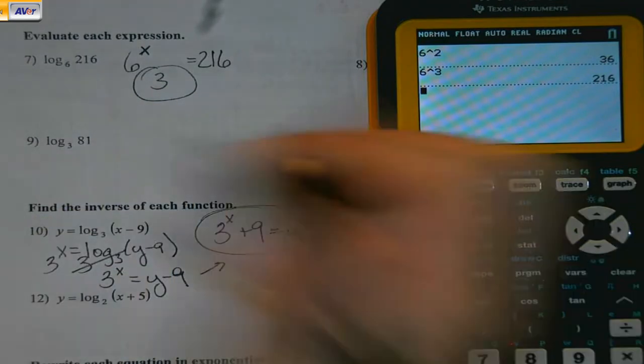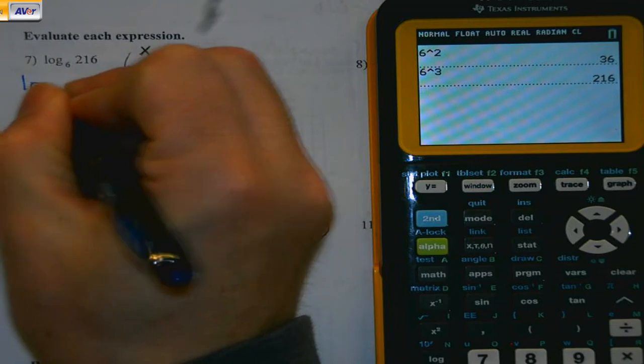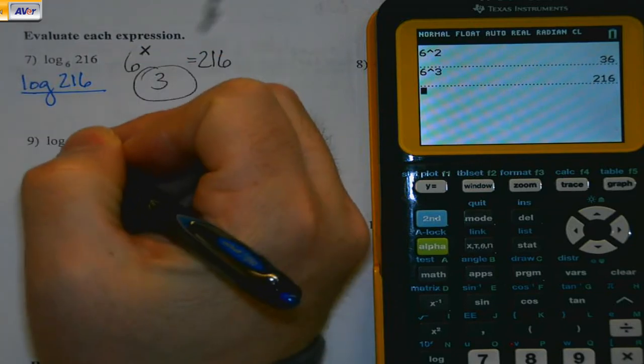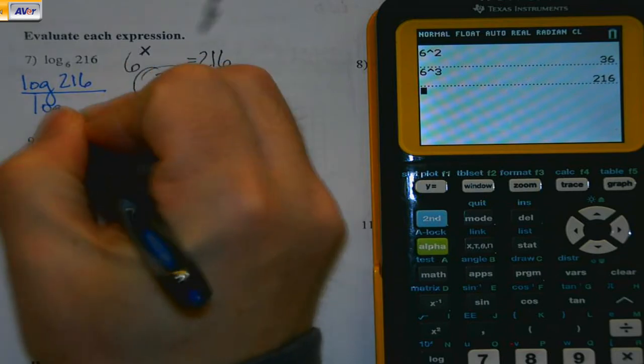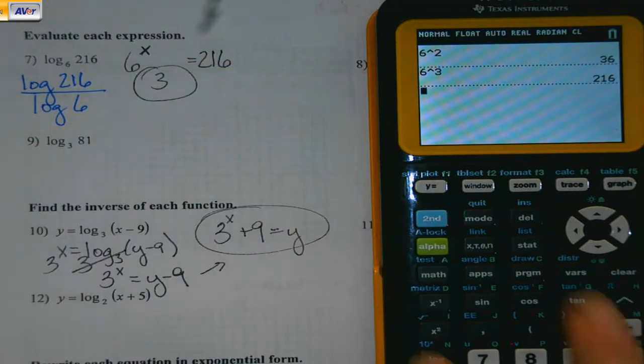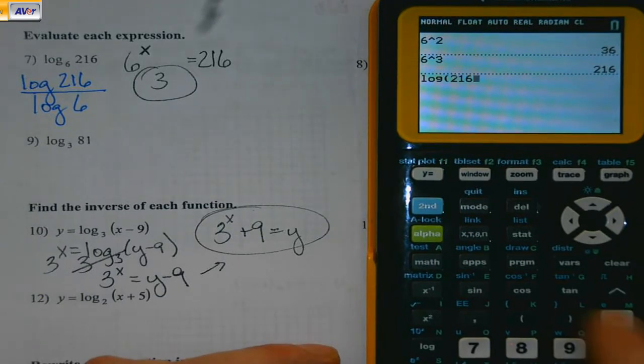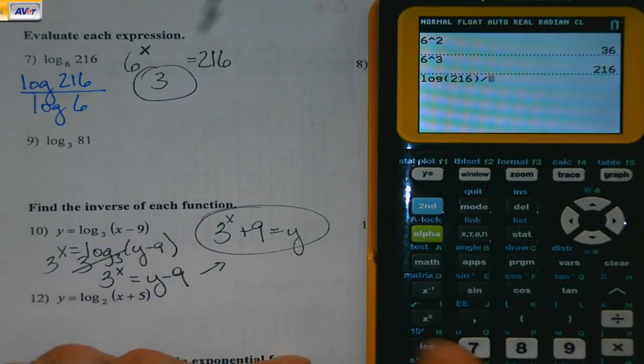Or we can do what we did yesterday, where we can take the log of our of value, log of our big, divided by the log of our base, the log of our little. So I can do log of 216, close your parenthesis, divided by log of 6. I can get the answer that way. So it just depends on how your brain works with that.